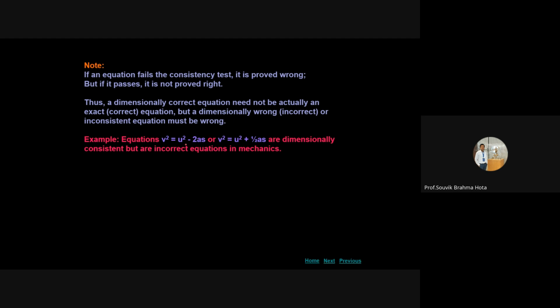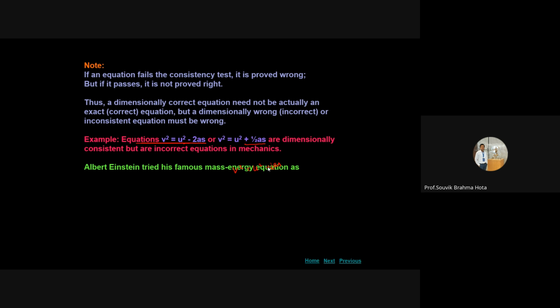But though this minus 2as is somewhere correct, because if we consider retardation it is somewhere correct, plus half of as is not at all correct. Or if I write v square is equal to u square plus as, this is also dimensionally correct. Yes or no? But without this 2, it is not correct.